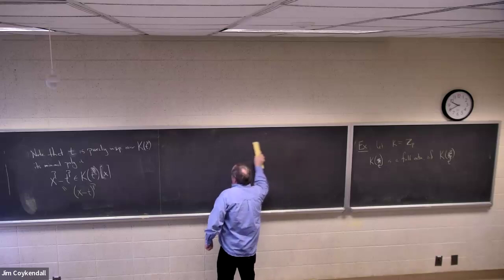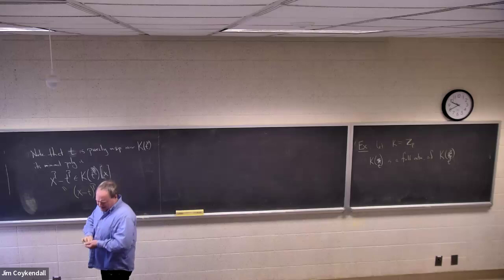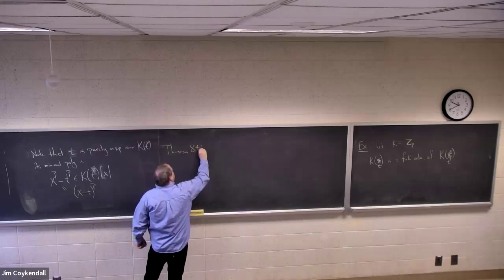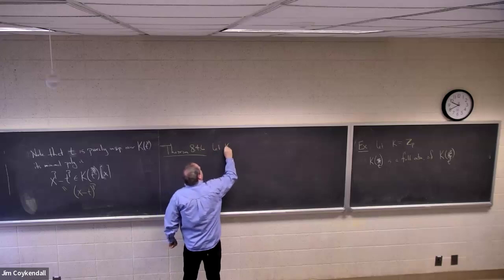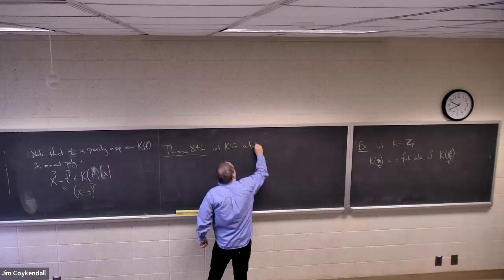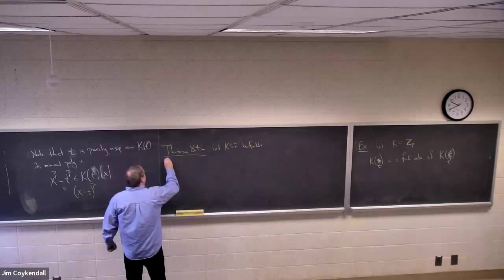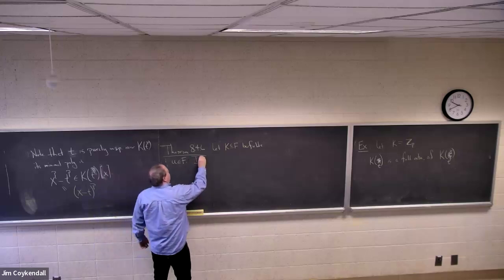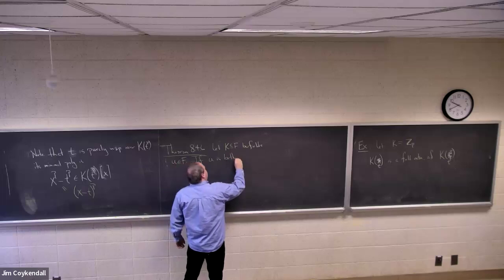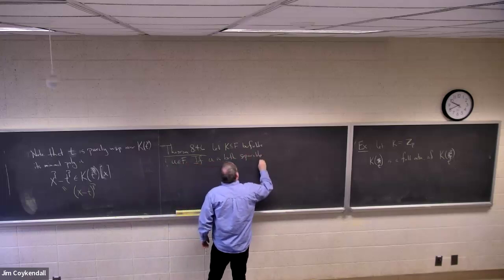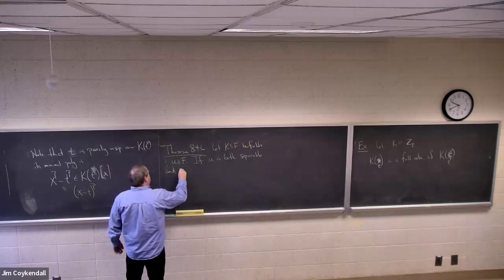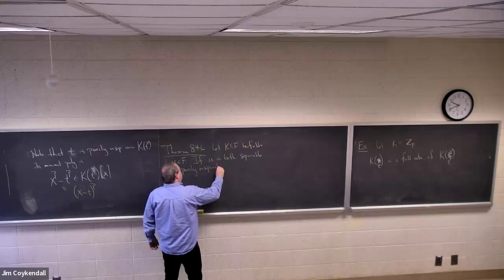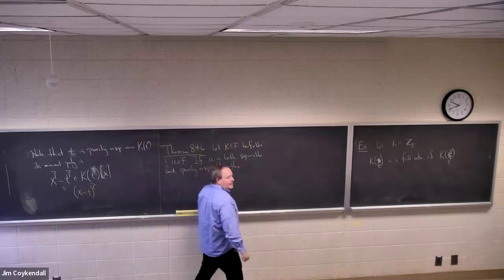Here is a silly observation, but an important one. Theorem. Let K be a field, F an extension, and u an element of F. If u is both separable and purely inseparable over K, then what's the conclusion?